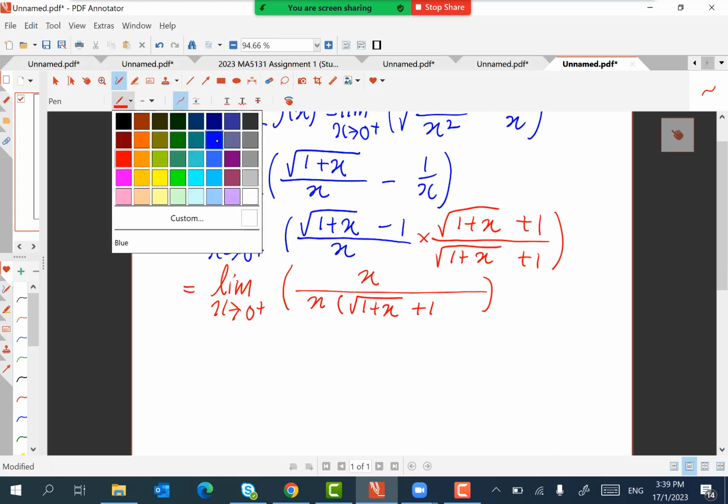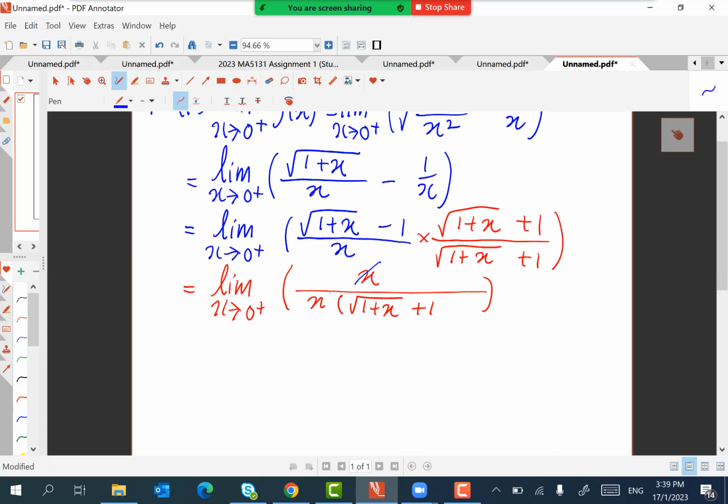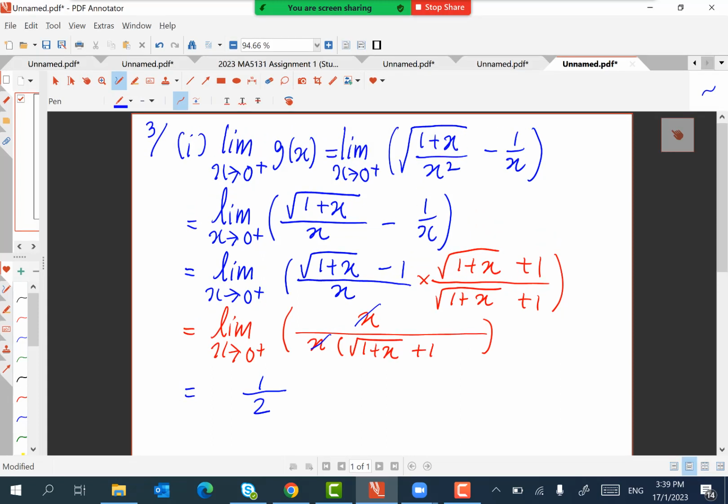And obviously, this x and this x can cancel off. You're left with 1 over 2. That's the 3 part 1.